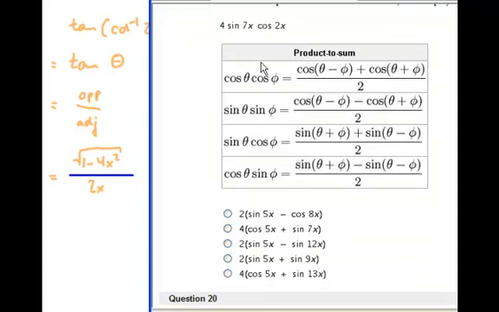So sine 7x cosine 2x, which is going to be this one here. That's what I'm going to use, and of course the 4 is just going to be in the front.